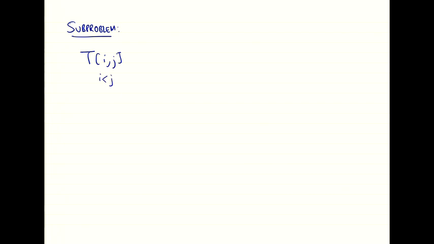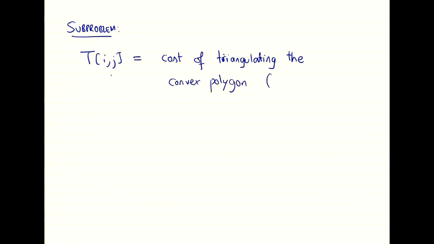Just Tij is the cost of triangulating the convex polygon formed by Vi, Vi plus 1, Vi plus 2, up to Vj.